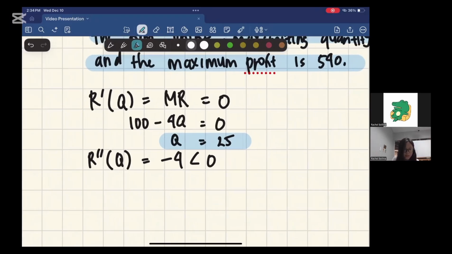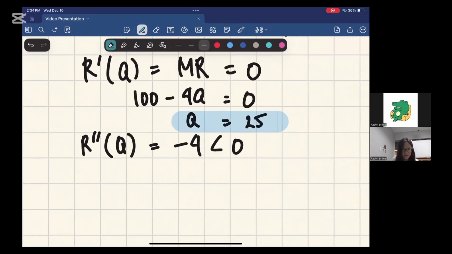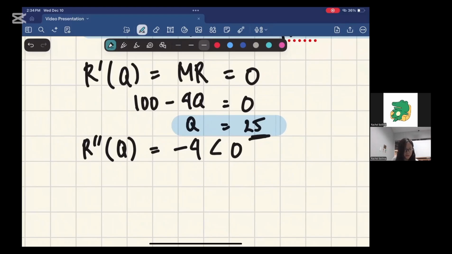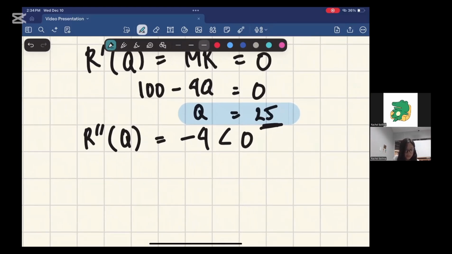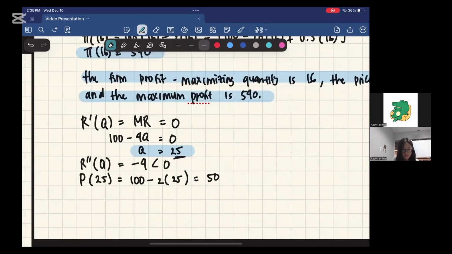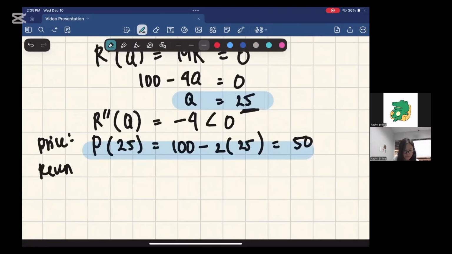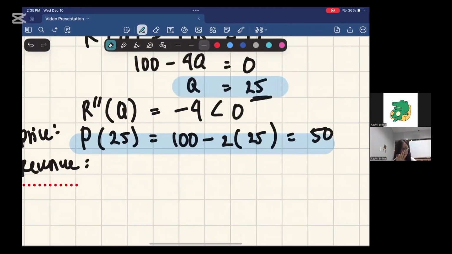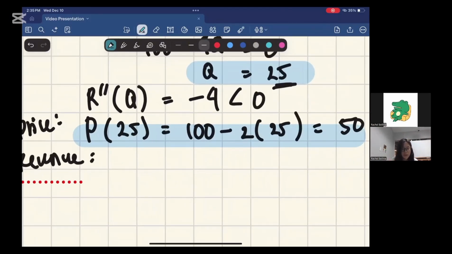And now we need to input the 25 into the functions. The price function goes to 100 minus 2 times 25, and that equals 50. For revenue, we need to put the 25 into the revenue function.